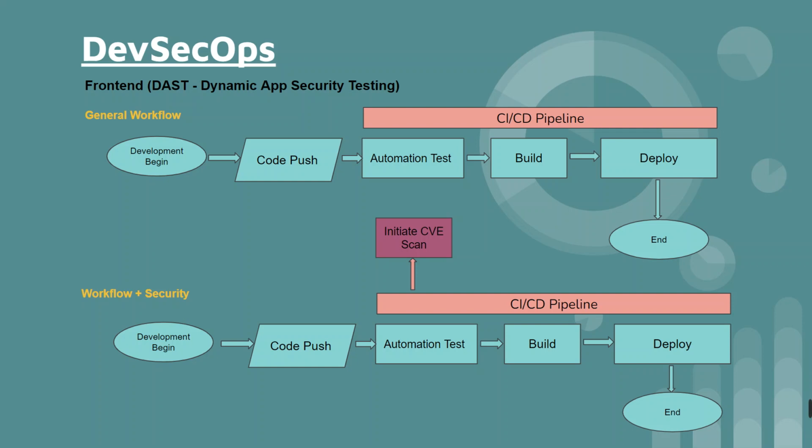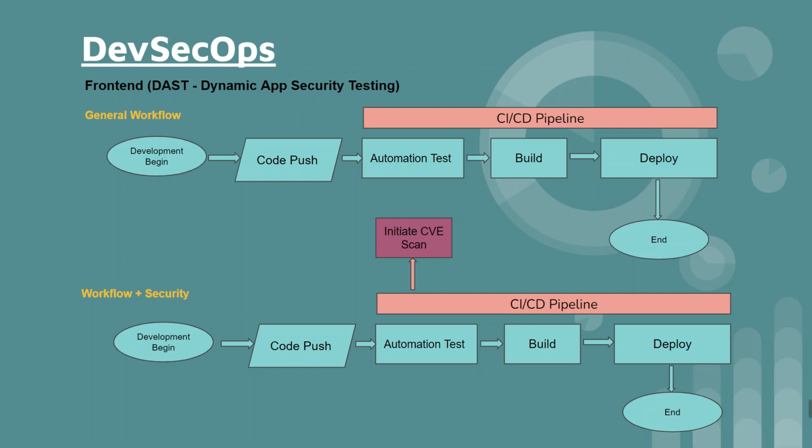Let's say we have an application and a new requirement has come where we have to do the necessary development, and then finally once it is ready, release it to production. As you see in the general workflow, we simply start the development, push the code once it is ready, and then start the CI/CD. And CI/CD has several stages where we do the automation test, build it, and deploy it, right?